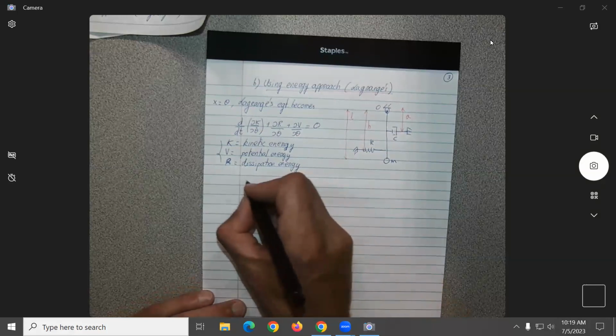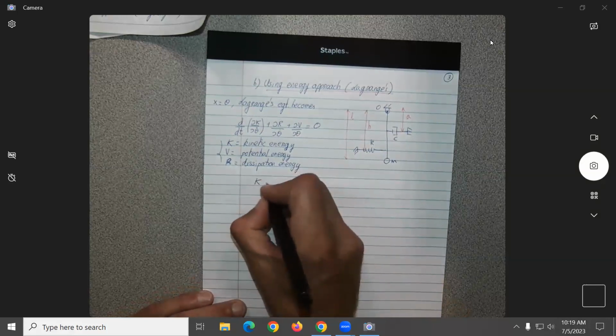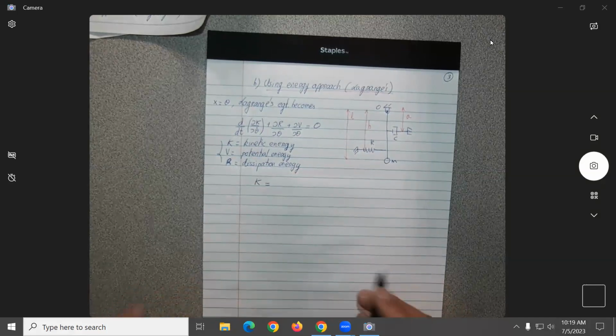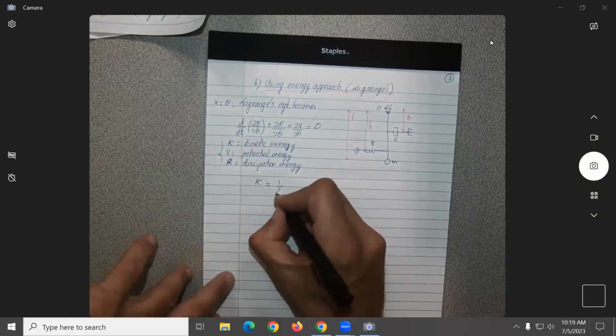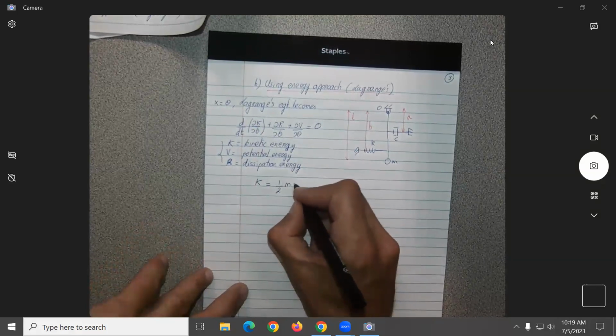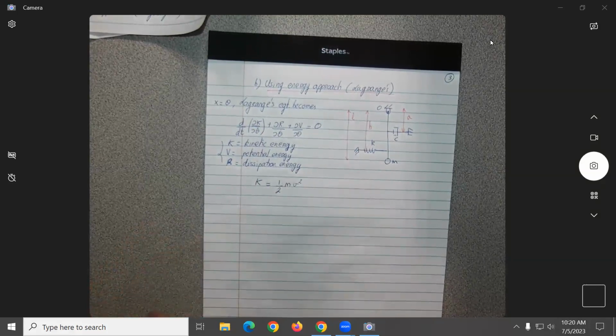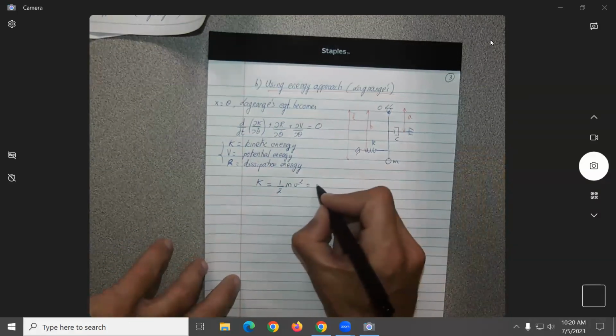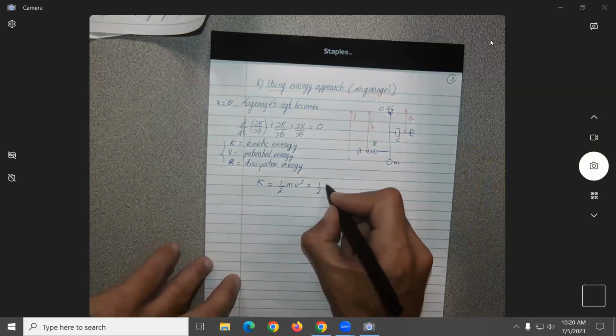Okay, so in this problem, what will be the kinetic energy? What is the general expression for the kinetic energy? 1/2 mv squared, no? Okay, so what will be V?